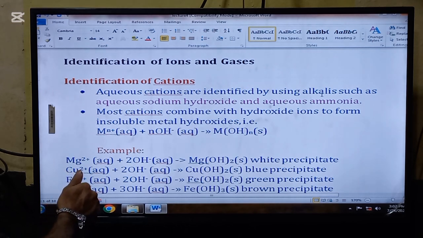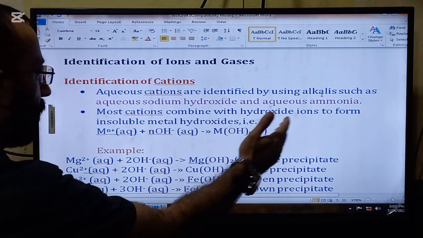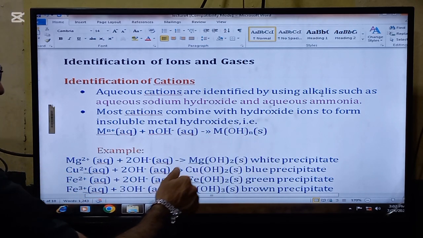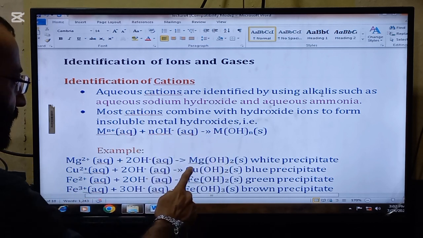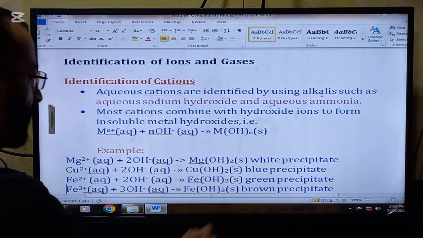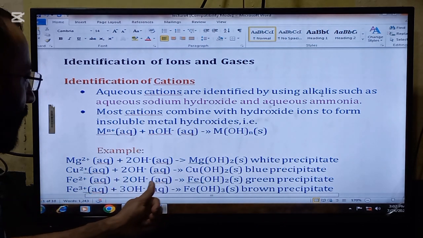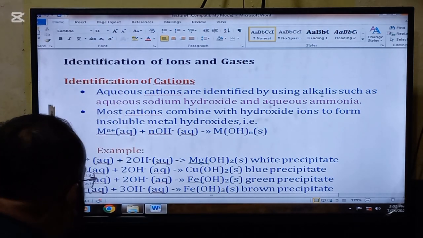When Mg2+, a metal ion, reacts with hydroxide ion, that is OH-, it makes the metal hydroxide, Mg(OH)2. This is a white precipitate. When copper ion reacts with hydroxide ion, it forms copper hydroxide, a blue precipitate.